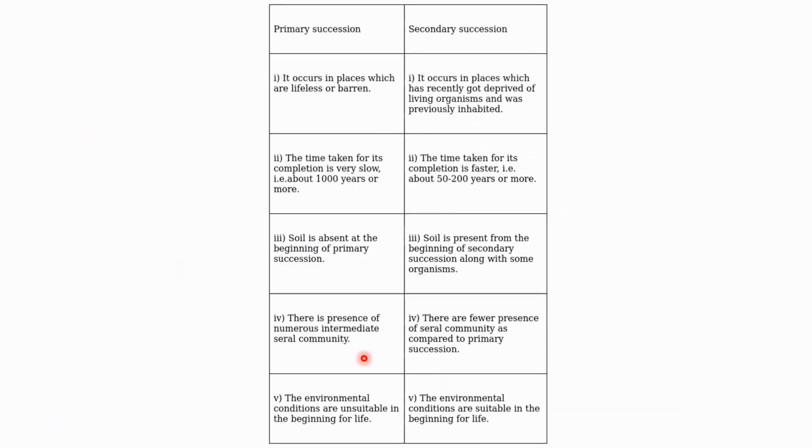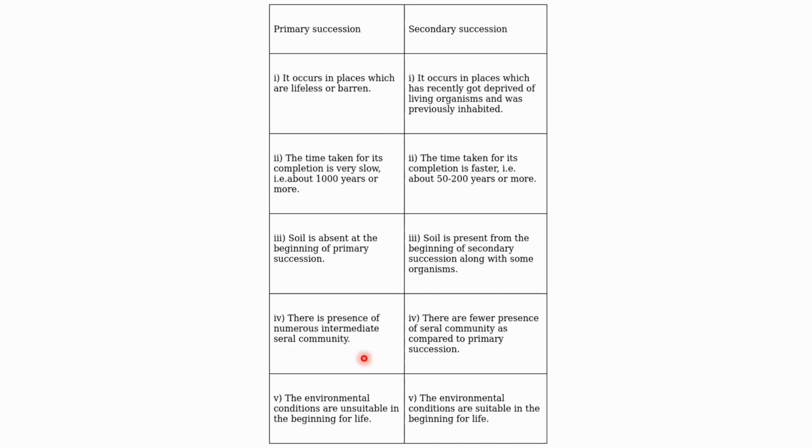So ultimately, the one common point between primary and secondary succession, or any kind of succession, is that the succession starts either on land, which is known as xerarch succession, or in water, which is known as hydrarch succession.